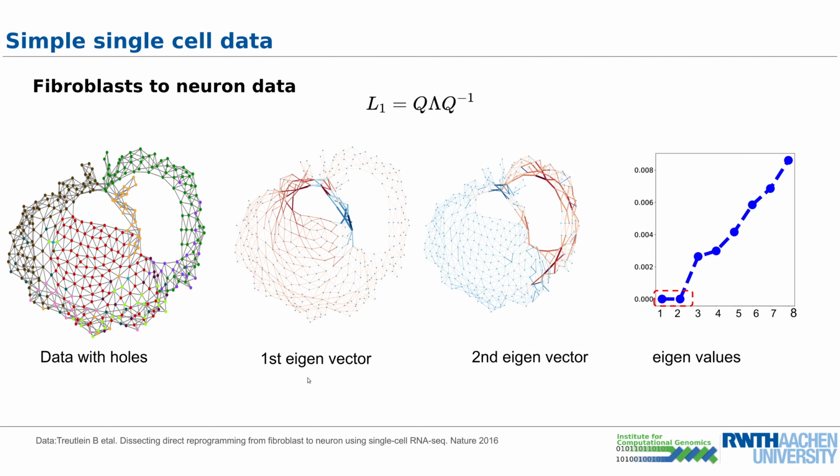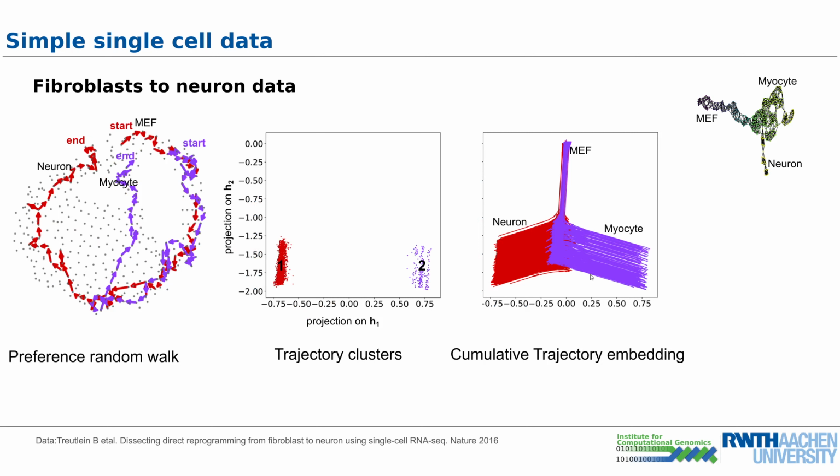As we can see here, the first and the second eigenvectors are harmonic functions because the eigenvalue is equal to 0. We also developed a preference random walk and project these trajectories onto harmonic space. As we can see, the trajectories can be clustered really well in this space.